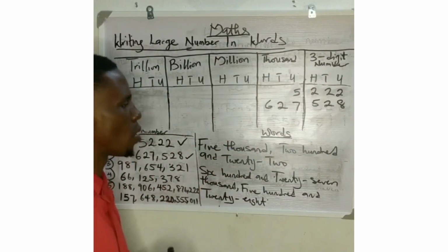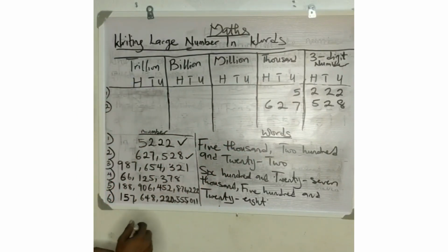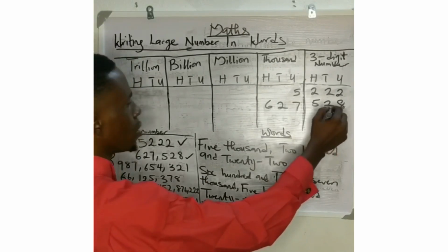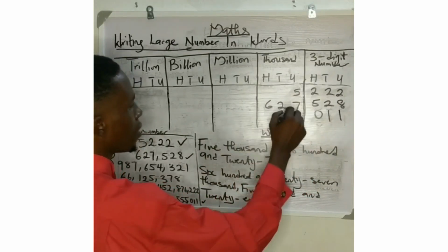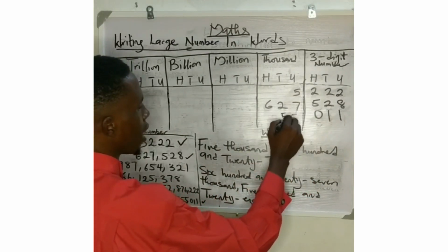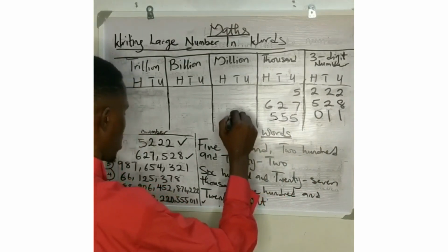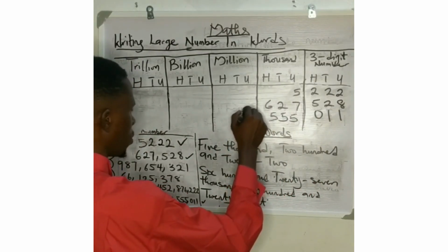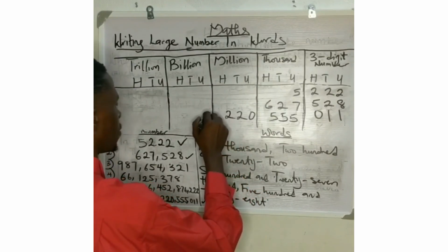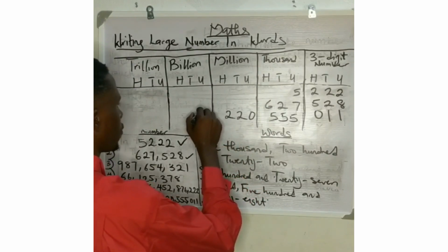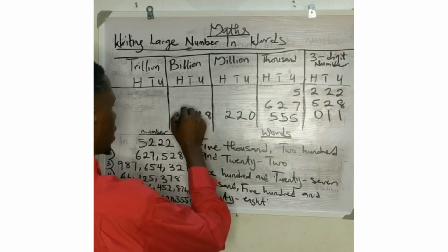Now let's go to a more complex number like this. Now you see that we have 1, 1, 0. We have 5, 5, 5. We have 0, 2, 2. We have 8, 4, and 6.